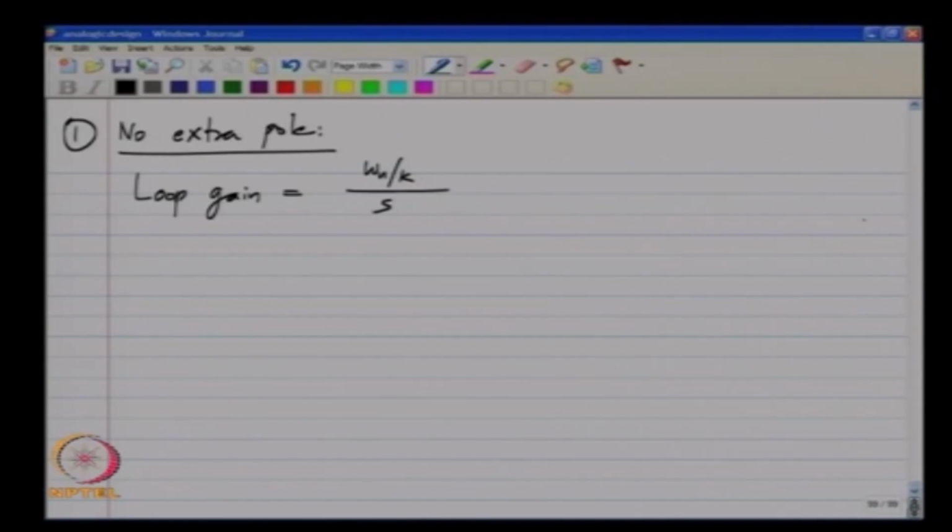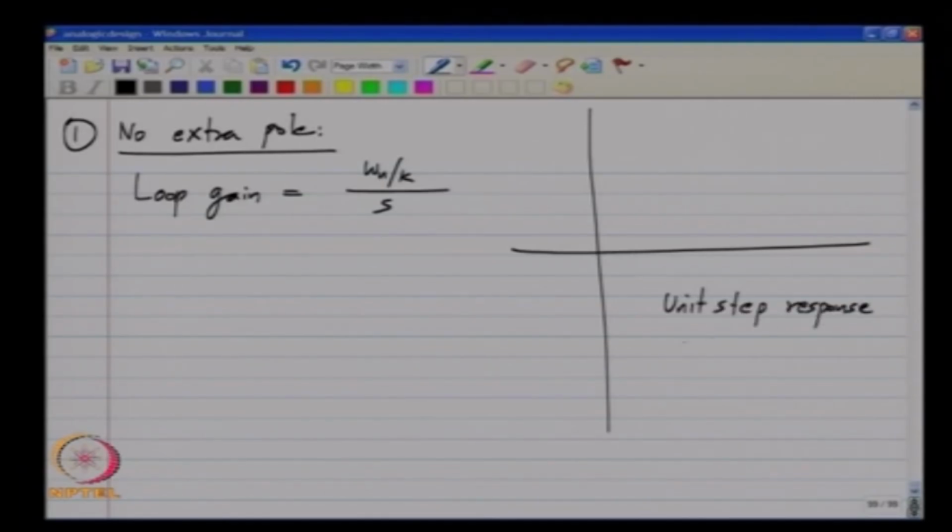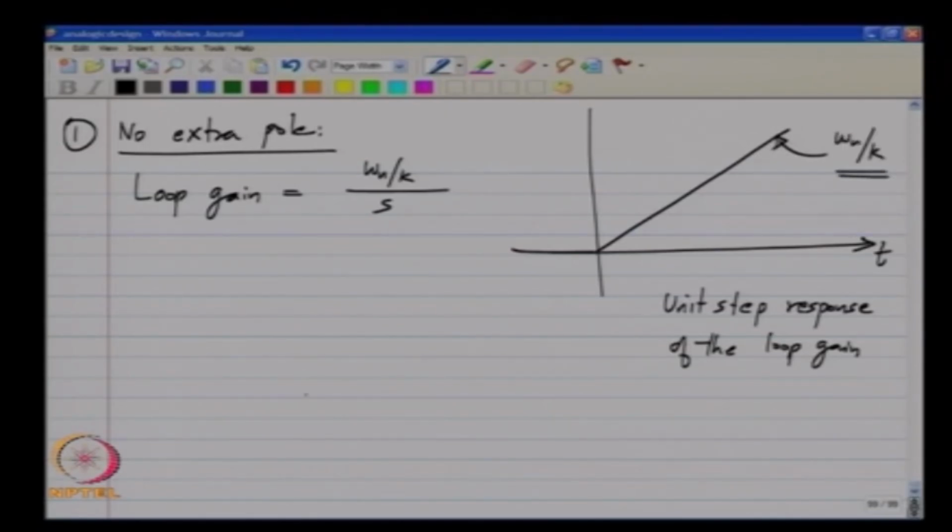This is the loop gain with no extra pole, and here I will plot the unit step response of the loop gain. Okay. And the unit step response of this function is very easy. It is a ramp. This is time. The unit step response is a ramp, and the slope of the ramp is omega u by k. Okay.